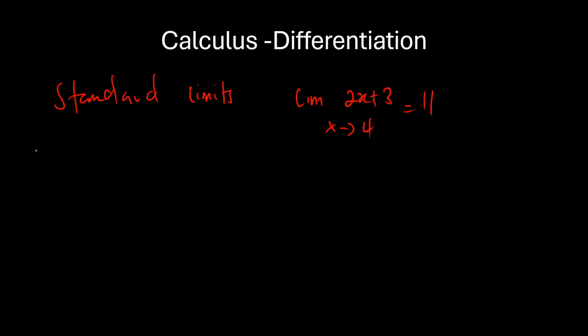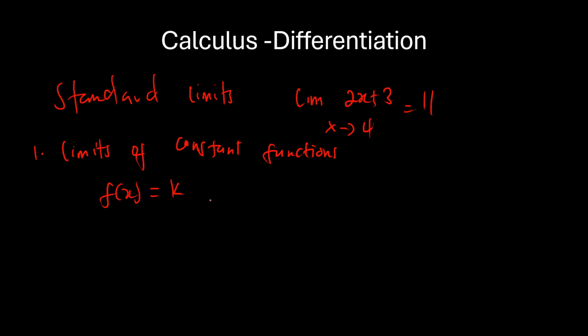So the first one, which is the limit of constant functions. Now, what are constant functions? A constant function is a function in the form f of x equals k, where k is a constant.